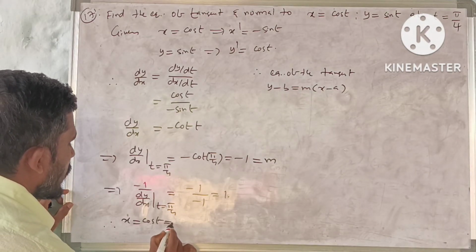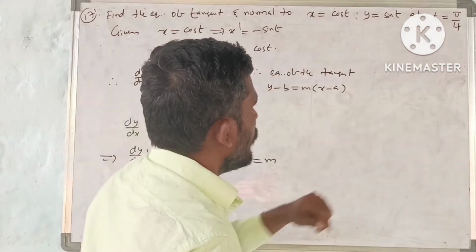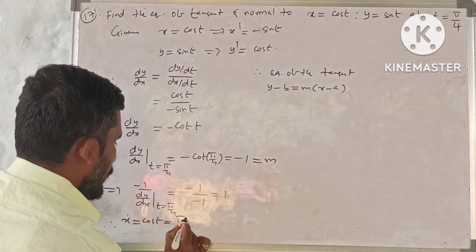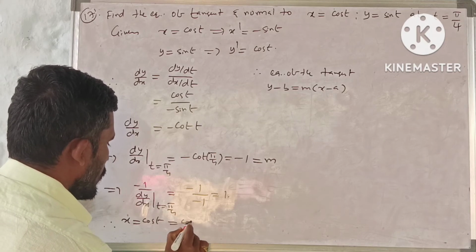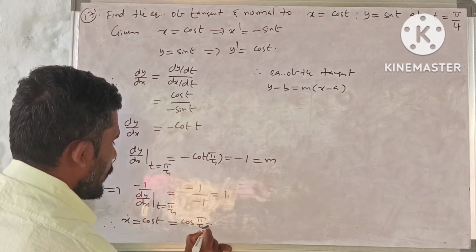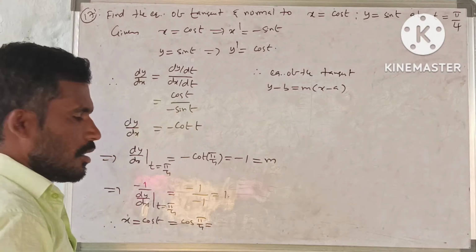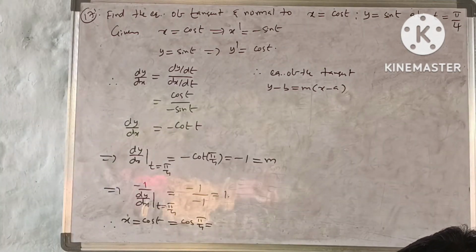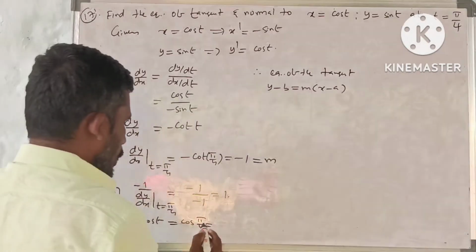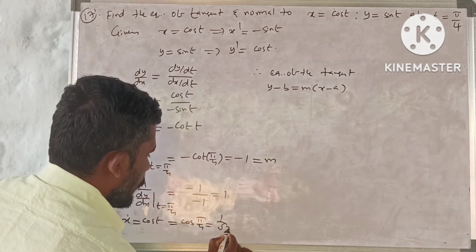So x is equal to cos t, t is given as pi by 4. So cos pi by 4, the value is 1 by root 2.